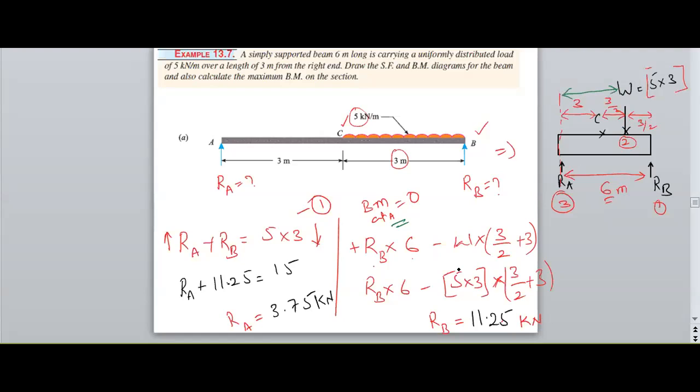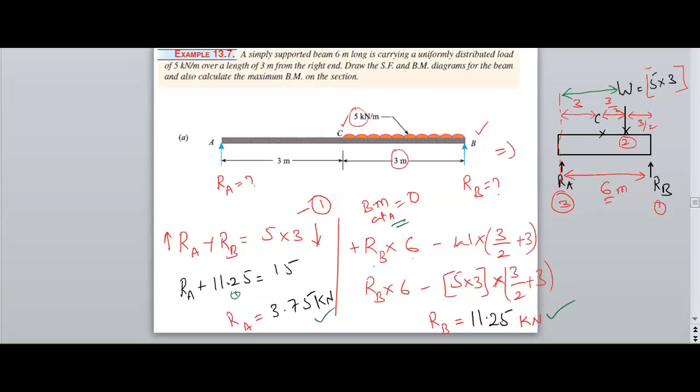Substituting the W value, I have found the RB value: 11.25 is the RB value. Now substituting in equation 1, I am getting the RA value as 3.75.